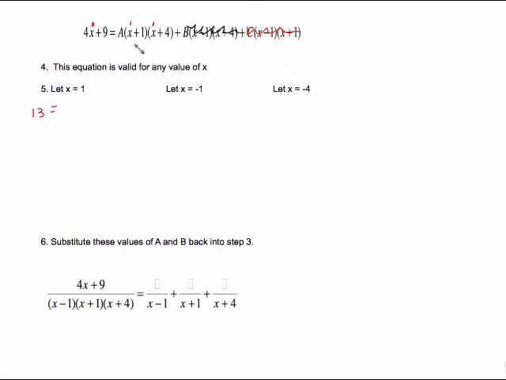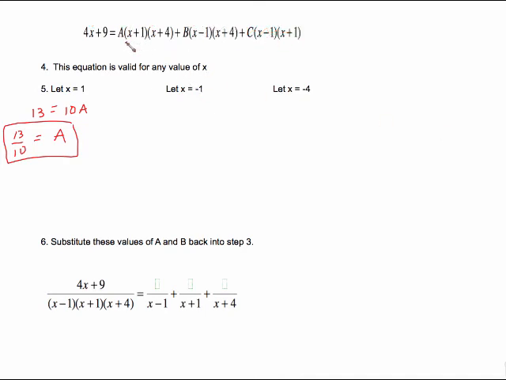Then 1 plus 1 is 2, 1 plus 4 is 5, 2 times 5 is 10A. So by choosing wisely, I get rid of the B and the C, and I now have a value for A. A is 13/10.